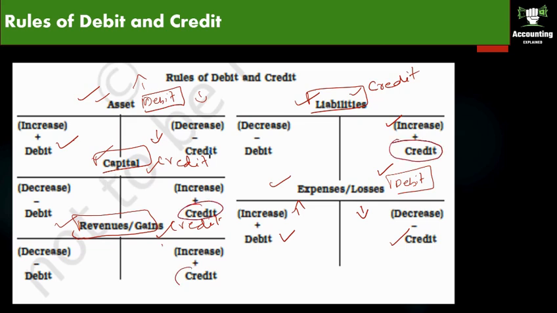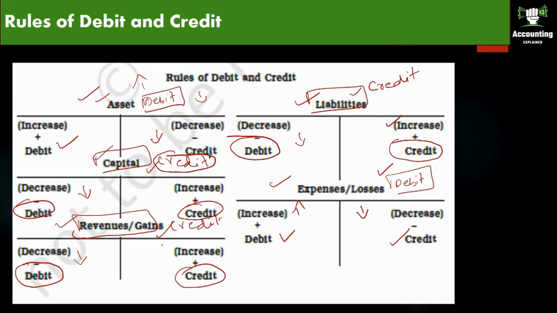Similarly, when you are going to decrease the liability, decrease the capital, and decrease the revenue or gains, what are you going to do? You are going to do the opposite of credit. That is, you are going to debit it. Debit the capital when it is decreased. Debit the liability when it is decreased. Debit the revenues or gains when it is decreased.